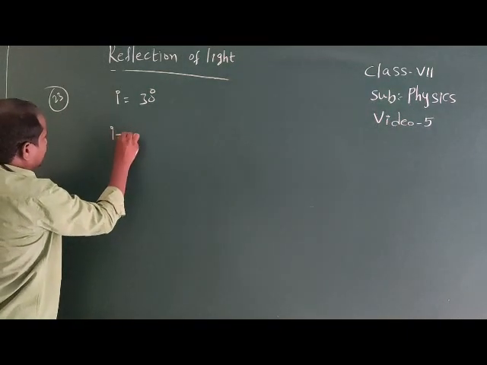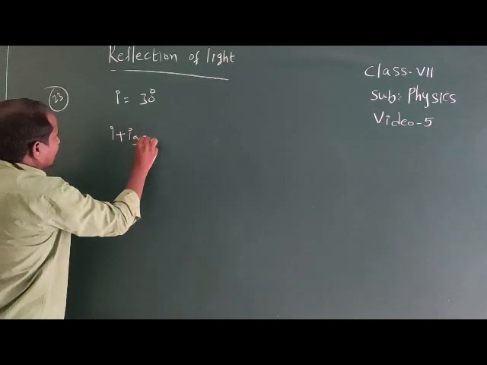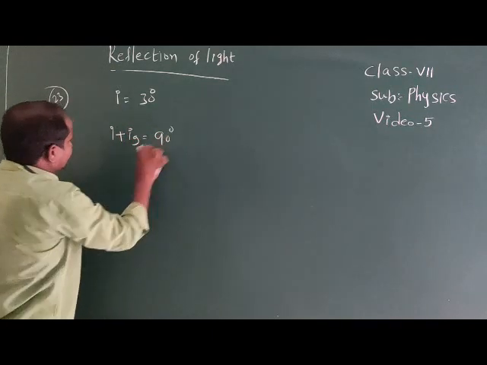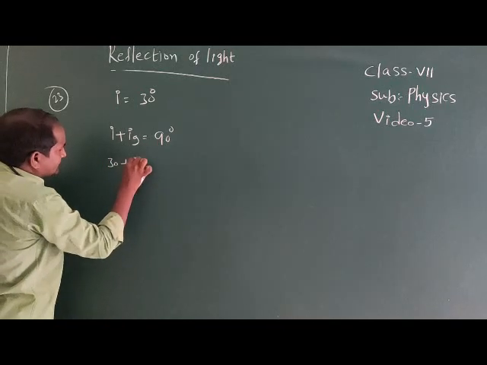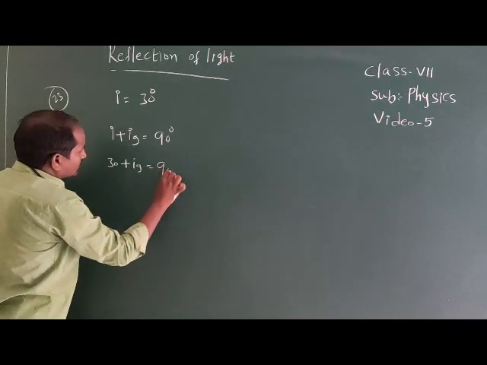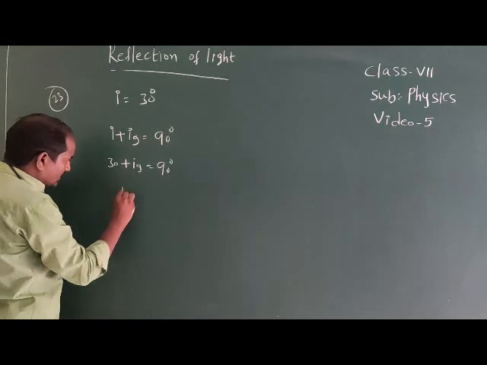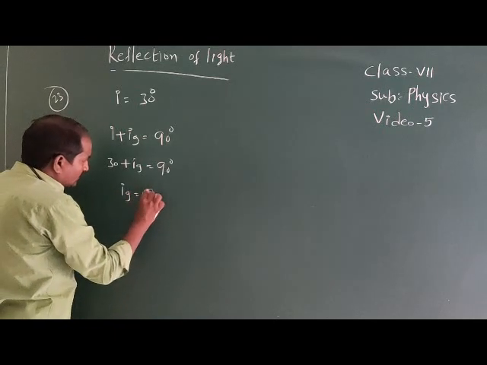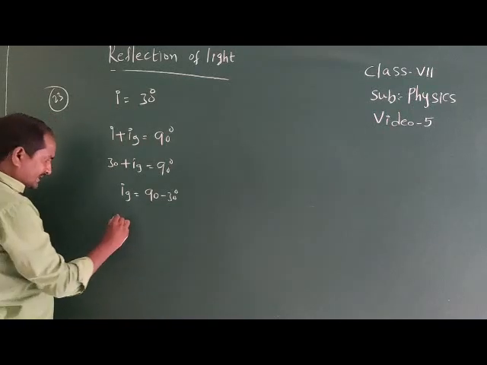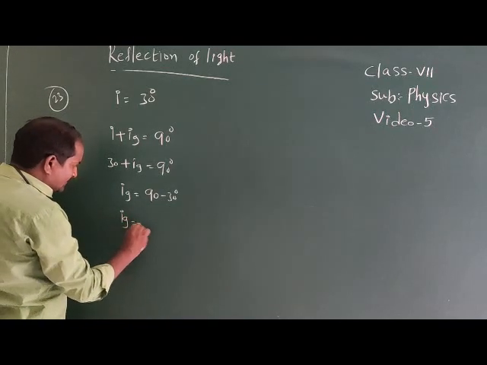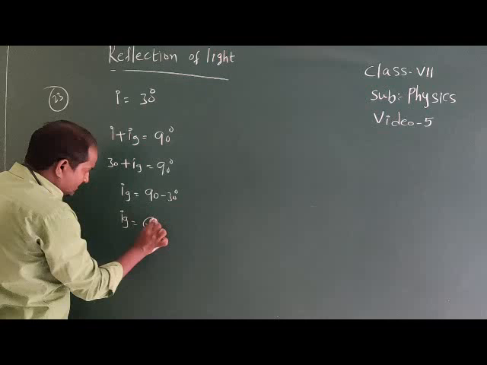So here I plus Iz is equal to 90 degrees. 30 plus Iz is equal to 90 degrees. Therefore Iz is equal to 90 minus 30, that is 60 degrees.